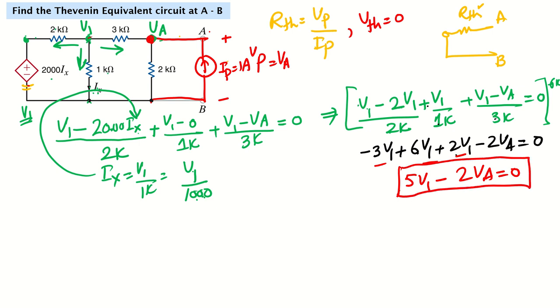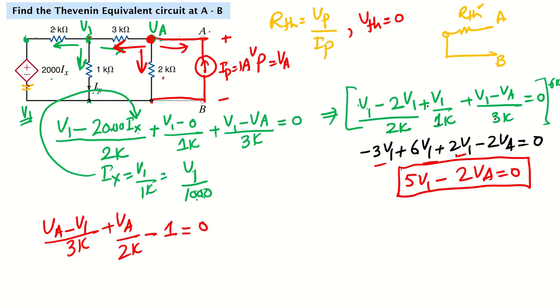Let's write the nodal equation for VA. Which currents are leaving? This current is leaving, that will be VA minus V1 divided by 3K. Then this current is leaving, that will be VA minus 0 divided by 2K. Then this current is leaving, which is minus 1, is equal to 0. Again we can multiply with 6K to simplify.